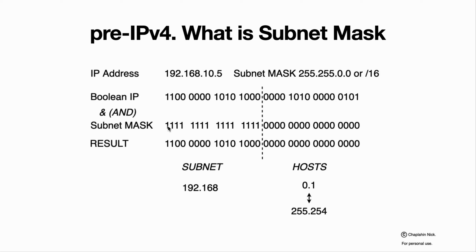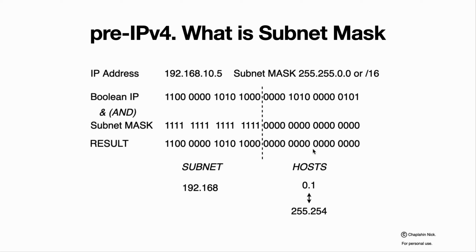Everything that has the same length as the subnet mask is the subnet. In this case, it specifies 192.168. Everything beyond the subnet mask length specifies hosts, or with a specific value specifies the subnet or broadcast address in this subnet.